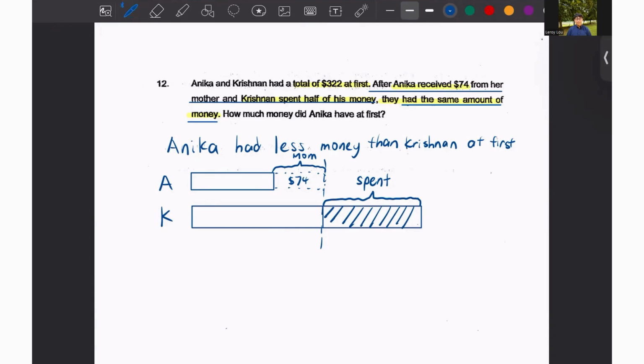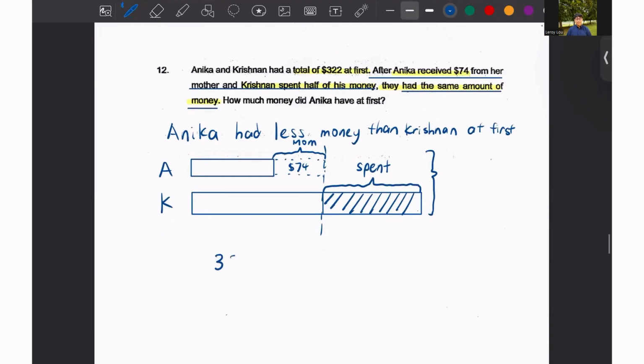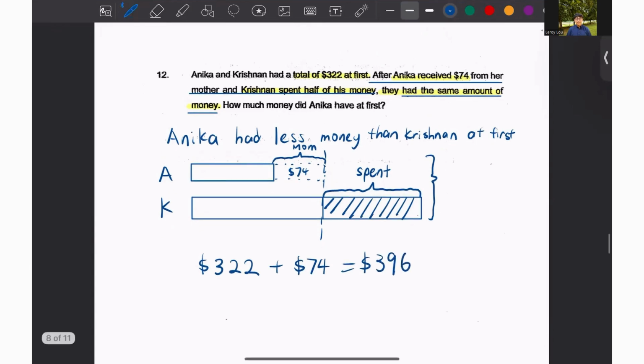And in this case, what will our total be here? So our total here will be 322 plus how much did Anika receive from the mom, which is $74. So this will give us 396. Okay, so our total here is 396.